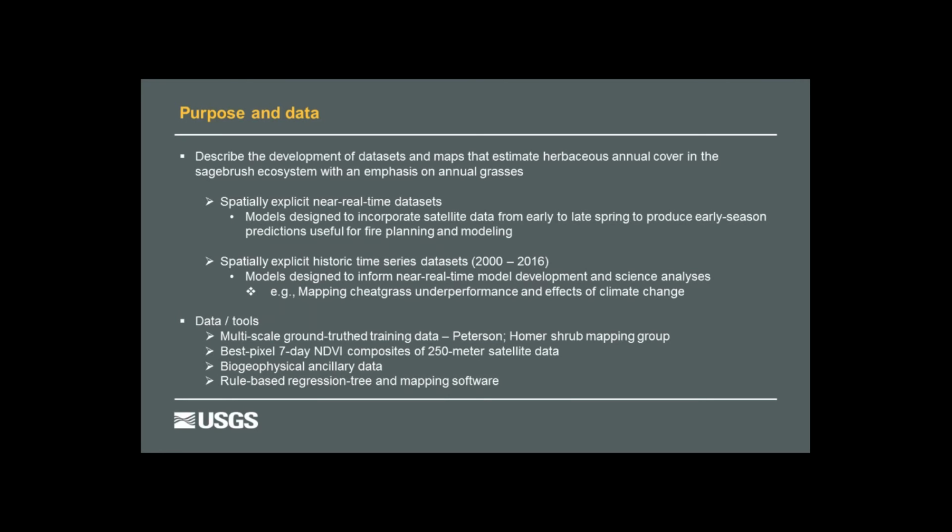We use best pixel 7-day eMODIS NDVI composites. And then we also use some geophysical ancillary data like elevation data, elevation derivatives like steep slope and aspect, and then soils data, among others. We integrate all of this data into rule-based regression tree and mapping software to generate our data products.